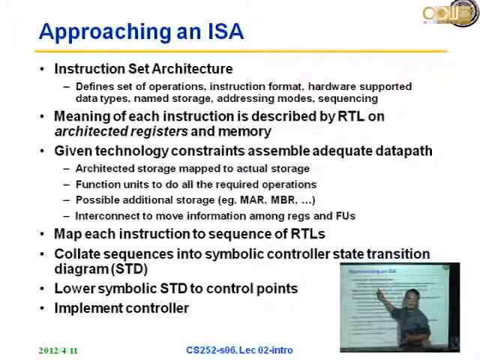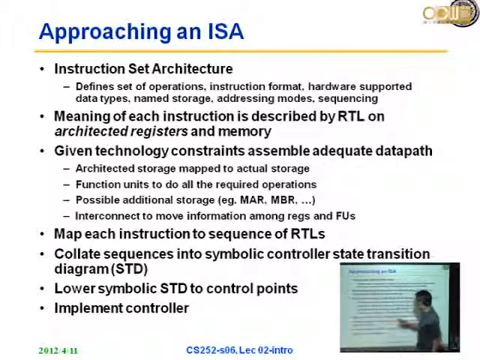In other words, not immediately. So you need to have some places to keep them. And these places are not to be seen by the programmer. Okay? And then interconnect to move information among registers and function units. The links, you see the links in the previous diagram.